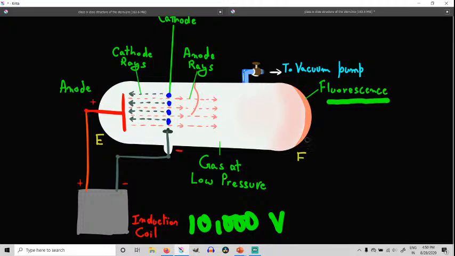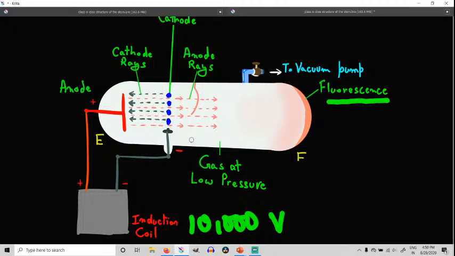Which side? At the back of the perforated cathode. It means some rays are coming from the side of the anode, and they are passing through these holes which were present in the perforated cathode. Understood, class, or not understood?